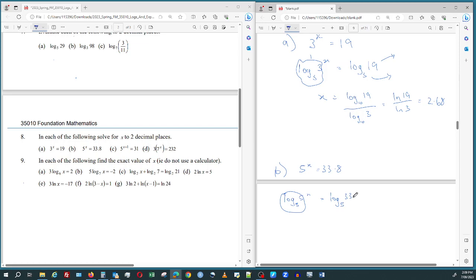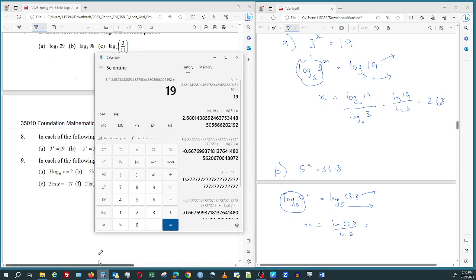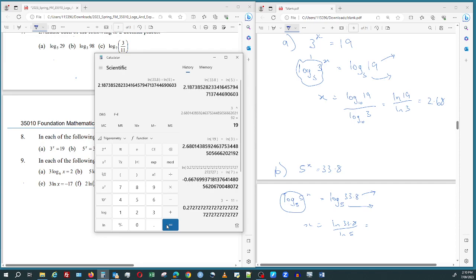Be careful, please. Okay, x is equal to, now up and down, the ln of 33.8 over the ln of 5, is equal to 33.8 ln divided by 5 ln, is equal to 2.18738, which will be 2.19.